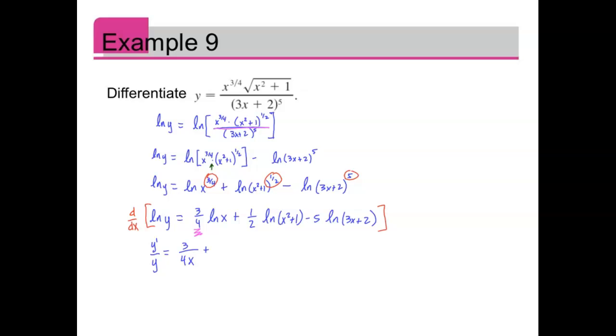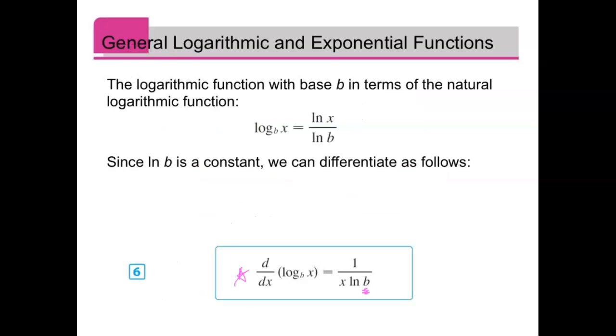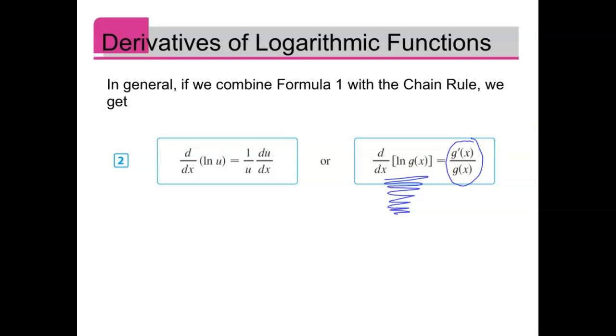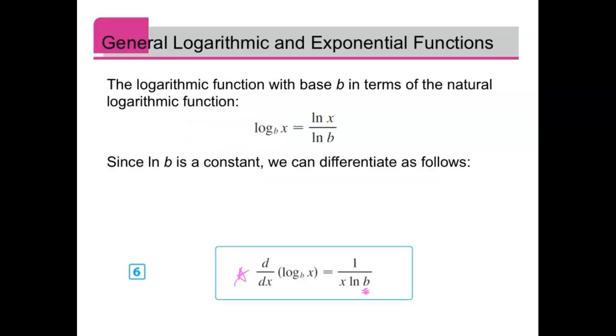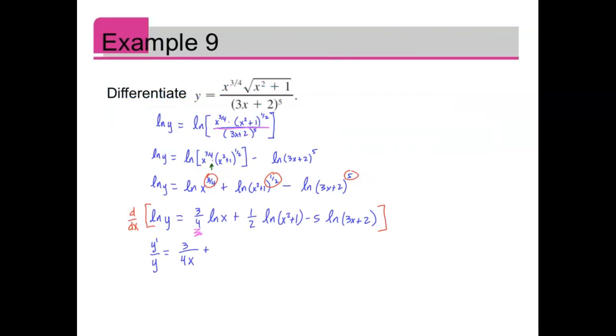Plus, the rest of these are logarithms of functions, so I'm going to have to go way back to this idea here, right? So the derivative of natural log of a function of x, so derivative of natural log of g of x is g prime over g. All right.